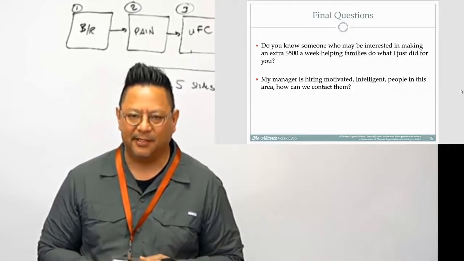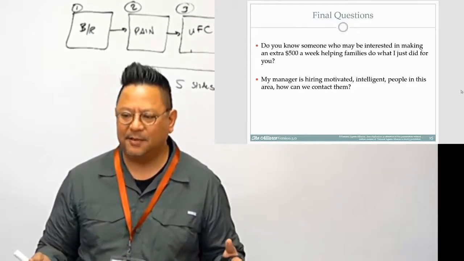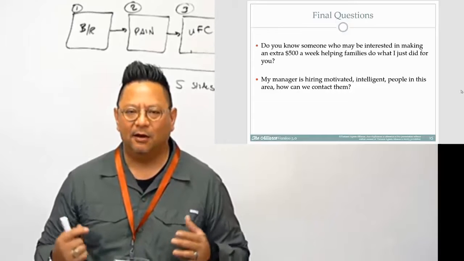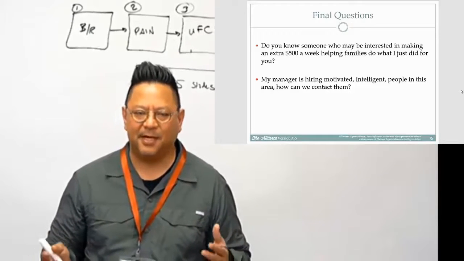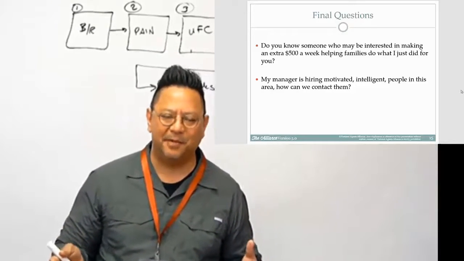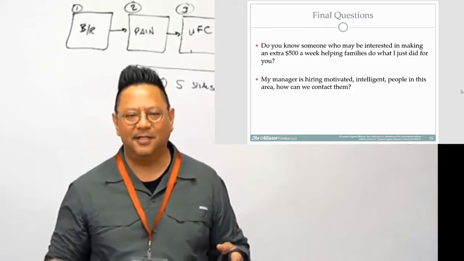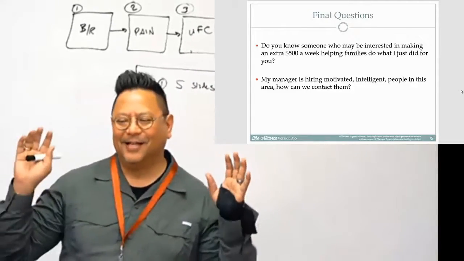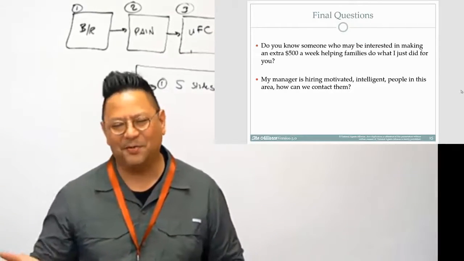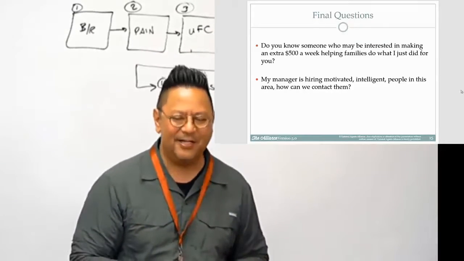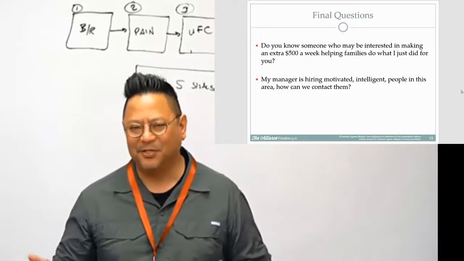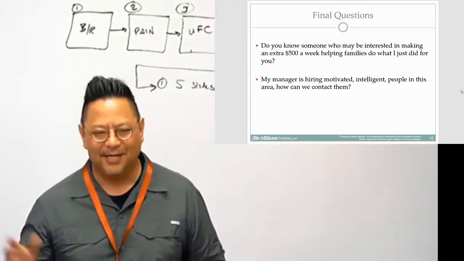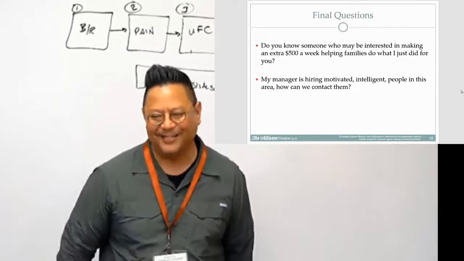My manager's hiring right now. They might say, how about me? Or they might say my bum kid who doesn't have a job, in the basement surfing the internet and eating Cheetos, whatever. That's where you make a lot of money, by finding someone who wants to get involved and does what you're doing. You're making an override on them. I got another video on that.